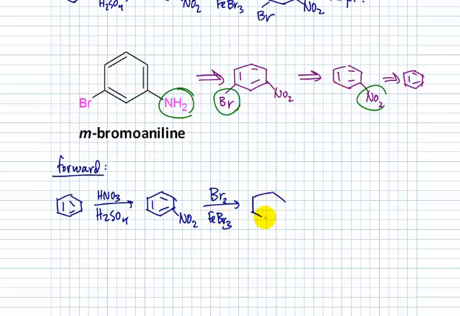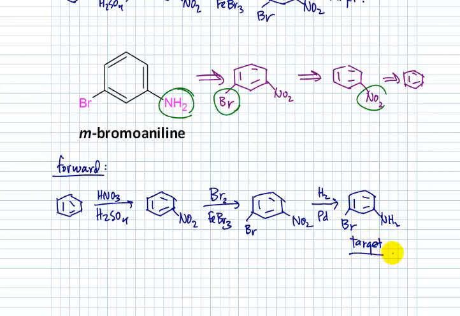That will put a bromine meta to that nitro group. Finally, last step, H2 with palladium will convert the nitro into an NH2. There is our target. So that was a nice 3-step synthesis.